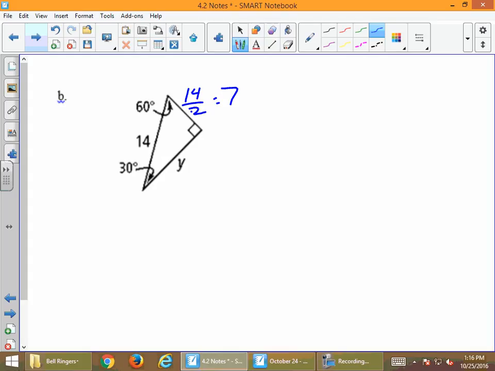Well, to get our long side, our long leg, what do we literally just have to write next to 7? Radical 3. Literally take your short side and you write radical 3 next to it to get your long side. You're multiplying it by radical 3.